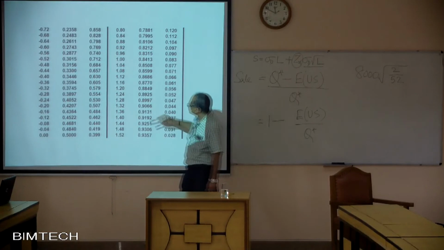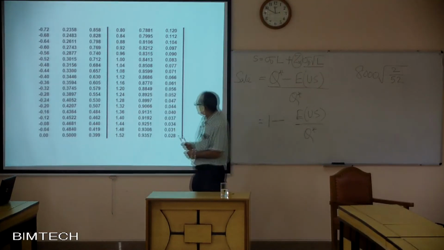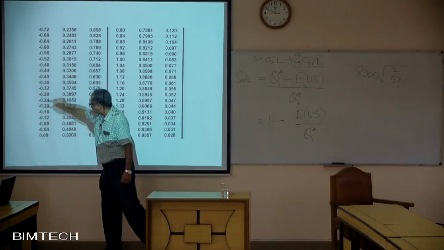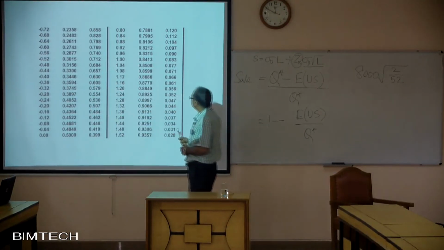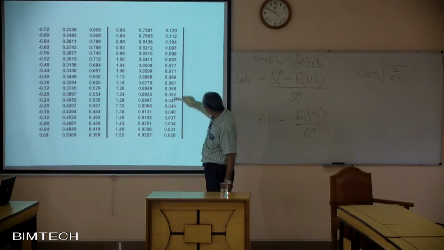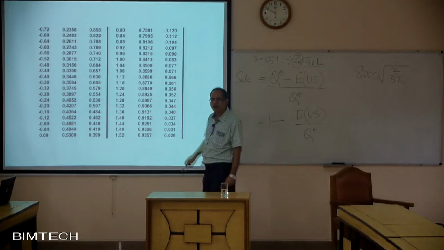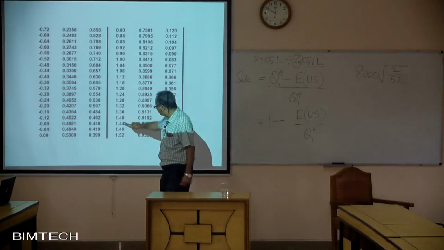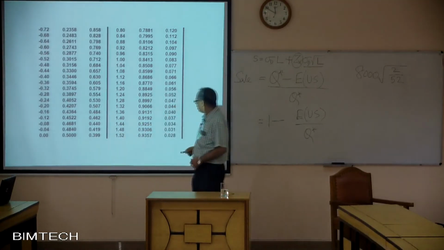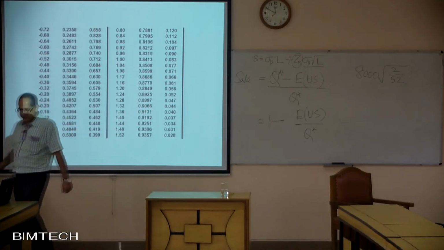Now the third column here is the GZ value column, and the first column is the Z value column. So where do we see 0.033? 0.04, 0.037, 0.034? Looks like somewhere here, 1.44 or 1.45 is the value of Z when GZ is 0.0331.